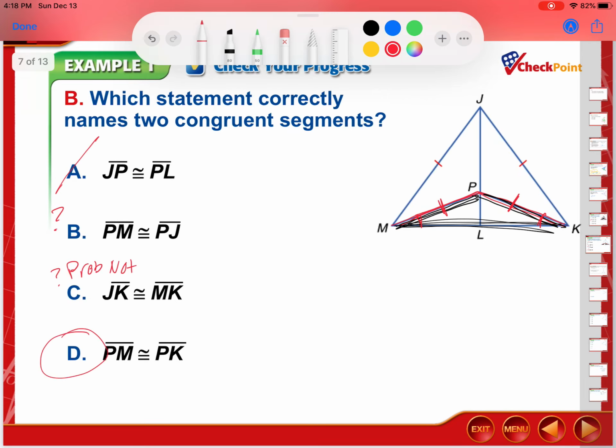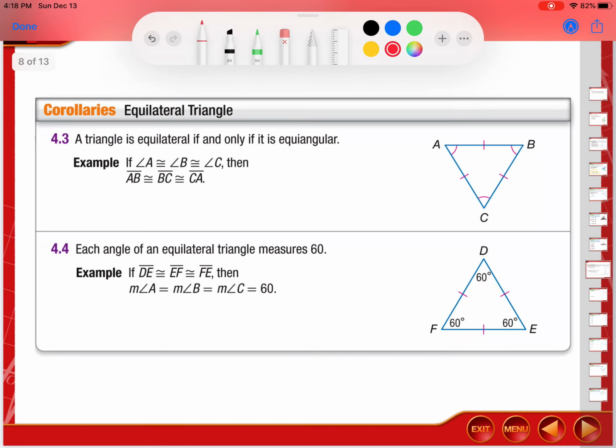So what the converse says is that if we have these two base angles that are the same, then the two legs must also be congruent. So I'm actually fairly confident this time that it is D.